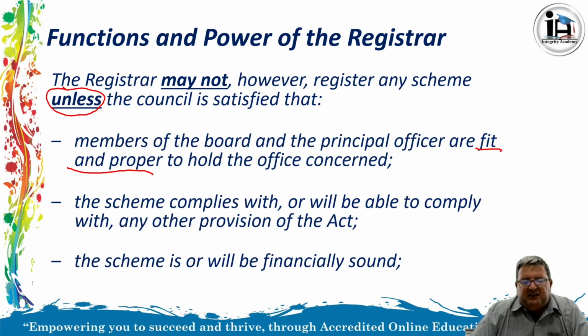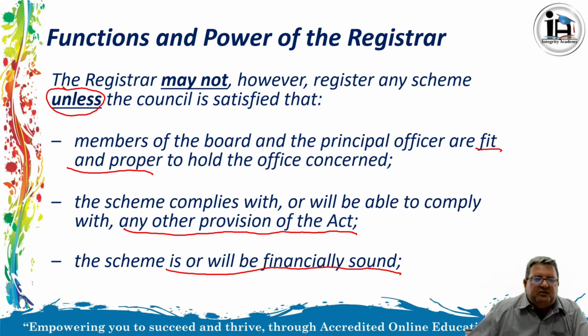So they must be fit and proper to hold the office concerned, unless the scheme complies with or will be able to comply with any other provision of the Act, and unless the scheme is or will be financially sound. Right? They cannot go under because of finances.